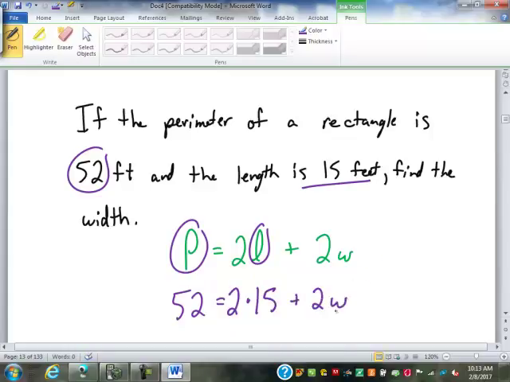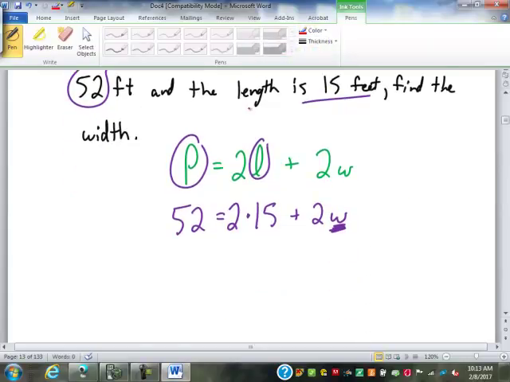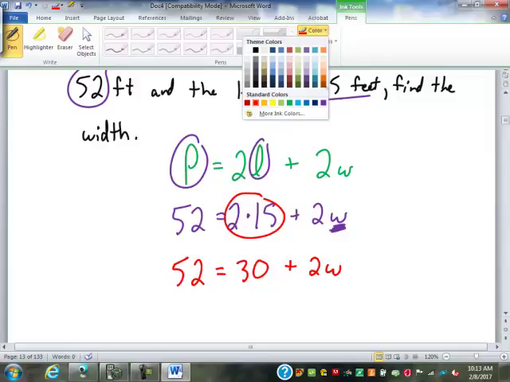We're looking for the width. So the first thing we have to do is combine and simplify. The 52 is just going to stay 52, but we can combine 2 times 15 to get 30 plus 2W. Now we can solve this equation.